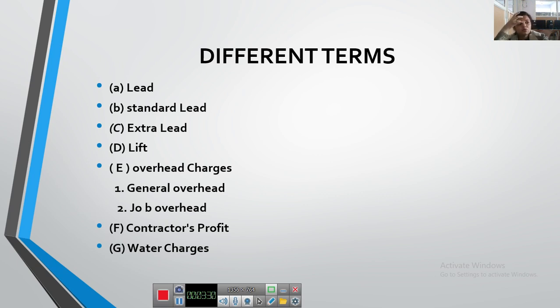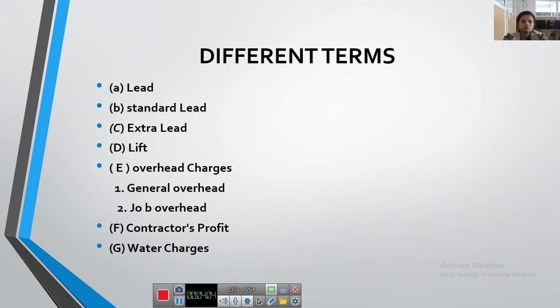It is the vertical distance for the excavated material between the point of excavation and the point of disposal during construction work, and it is called standard lift. It is 1.5 meters, meaning up to 1.5 meters of lifting of any material you don't need to pay any cost, but you have to lift the material. If you need to lift material more than 1.5 meters, then you have to pay the lift charges to the contractor.